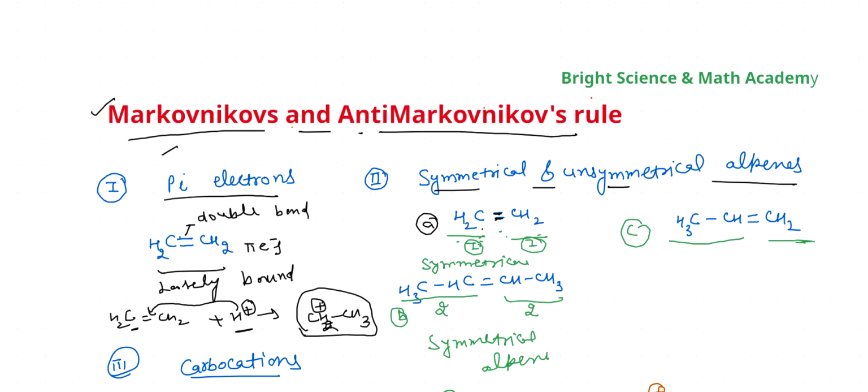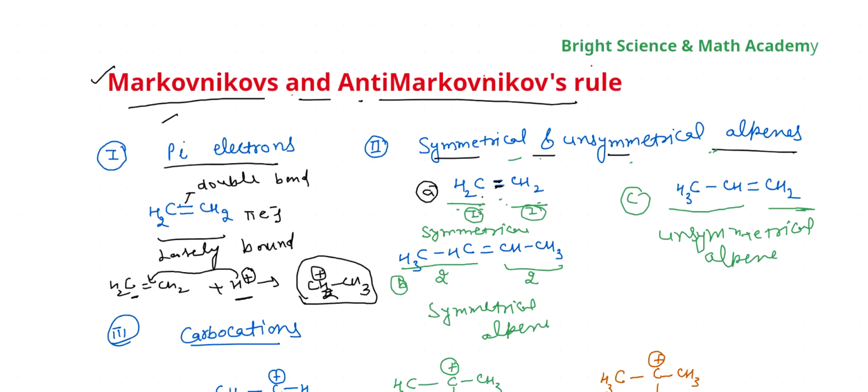That's why it is known as an unsymmetrical alkene. So this is the basic difference for how to identify symmetrical and unsymmetrical alkenes. Just count the number of carbon atoms on the left-hand side and the right-hand side of the double bond. If the carbon atoms are different, that is an unsymmetrical alkene.